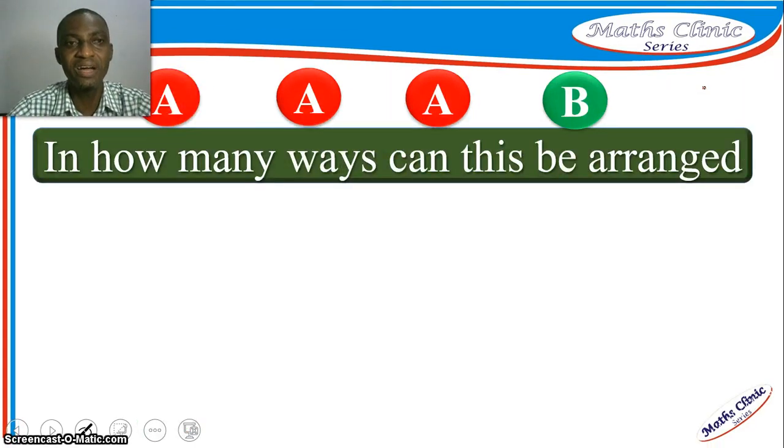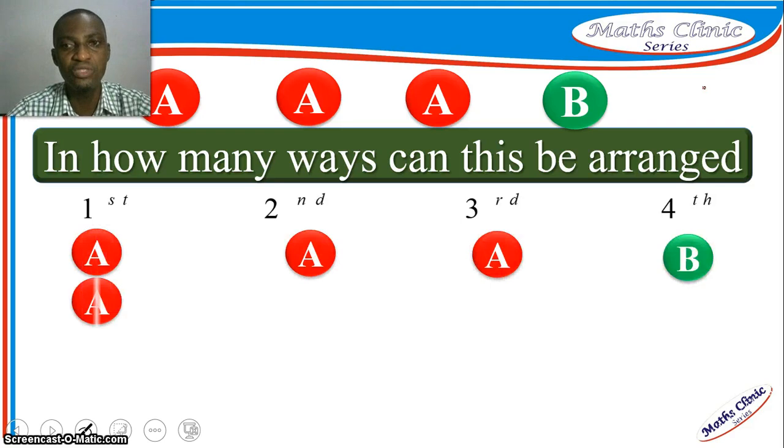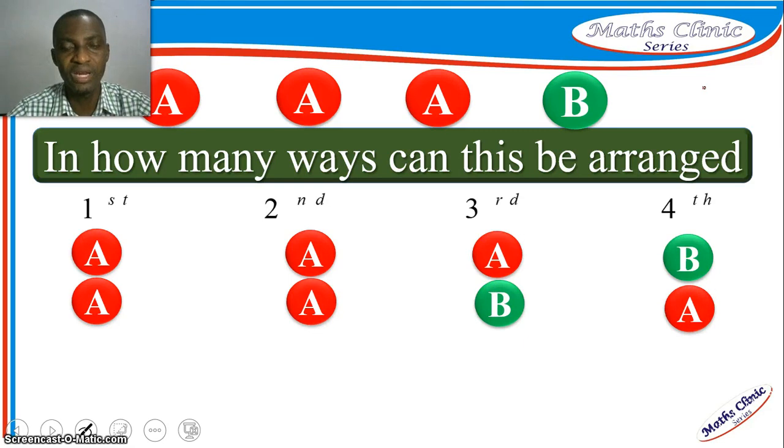Now this time around we have four letters. Three of them are repeating. We are trying to build a formula for this as well. And again, if I put the positions first, second, third, fourth, I can have the first arrangement go this way, and the second one go this way. So we have two different arrangements here.